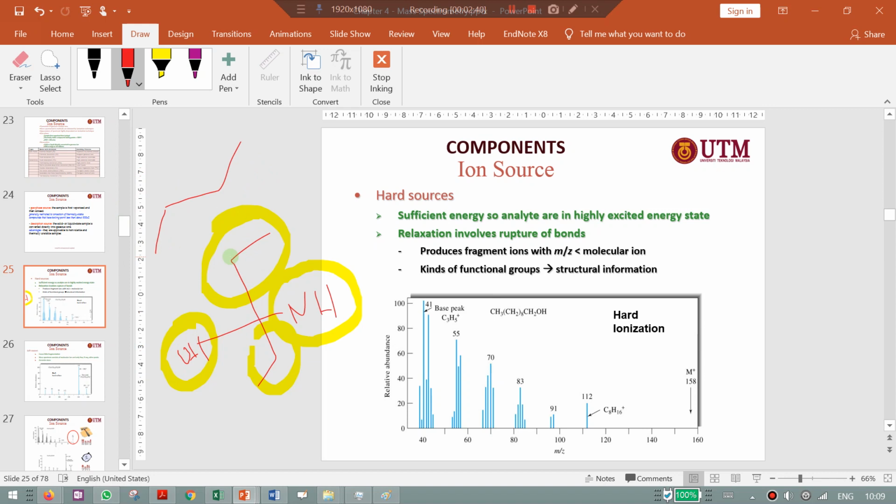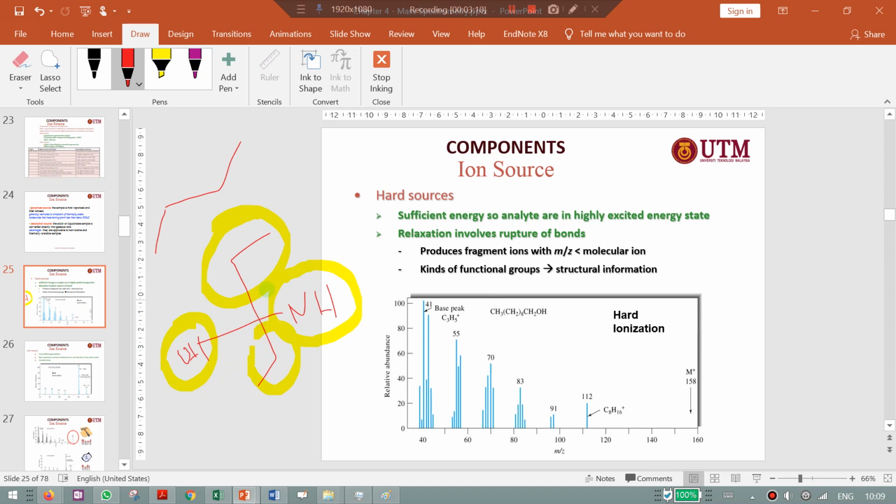Again, the hard source will fragment your molecule into much smaller fragment ions. Maybe you can get a structure with NH only, a structure with CH, CH3, CH2, CH3 only, or a structure with CH3, OH only.